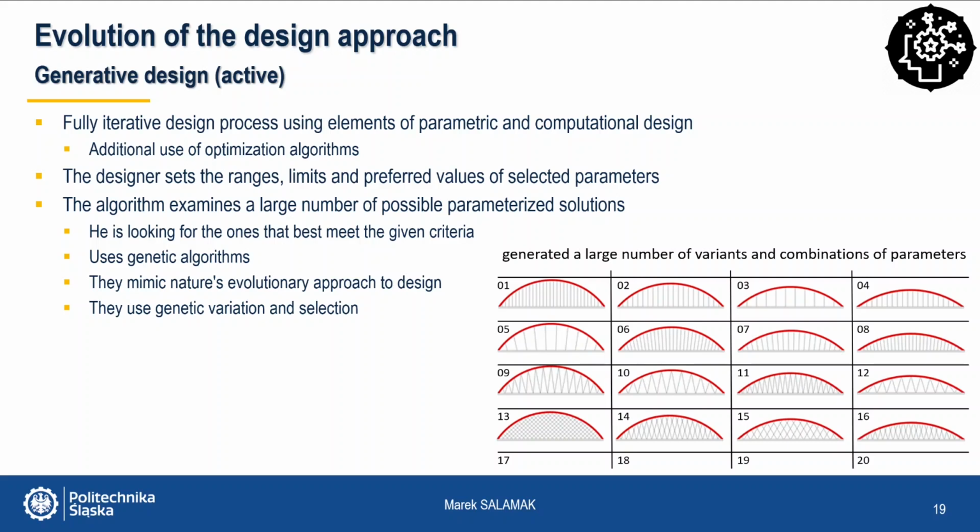The designer determines the ranges, limits, and preferred values of selected parameters. The algorithm, examining many possible parameterized solutions, looks for those that best meet the given criteria. Genetic algorithms are often used to mimic nature's evolutionary approach to design through genetic variation and selection.